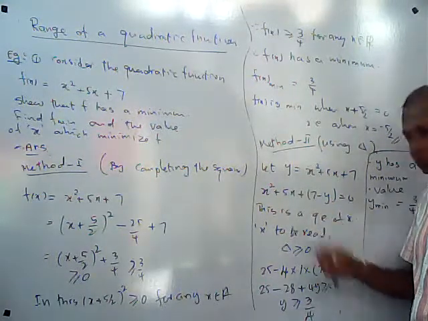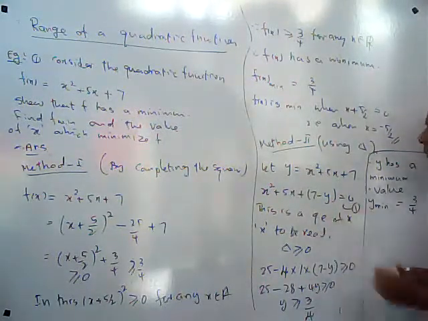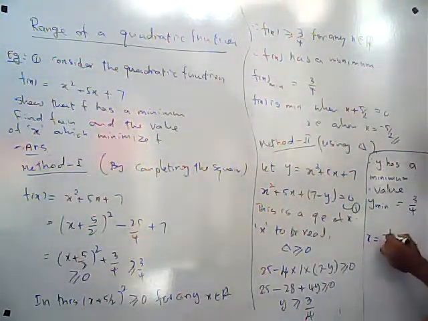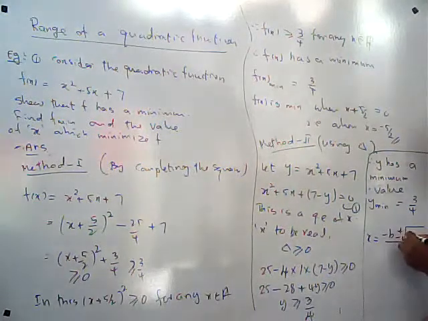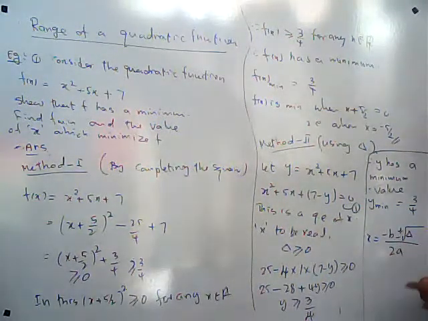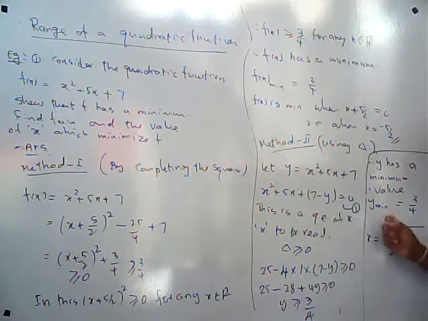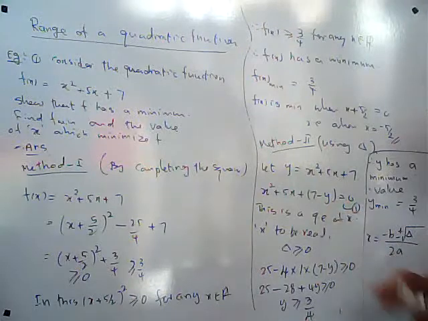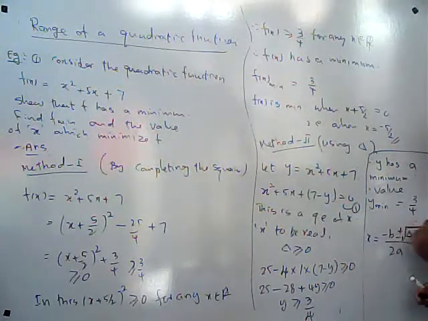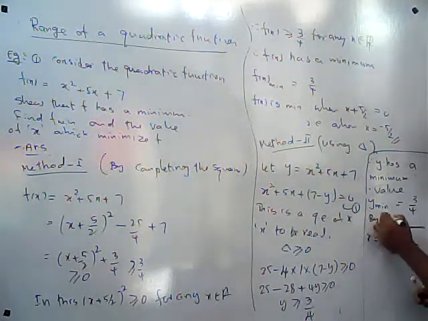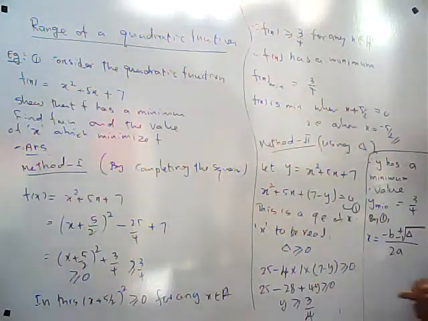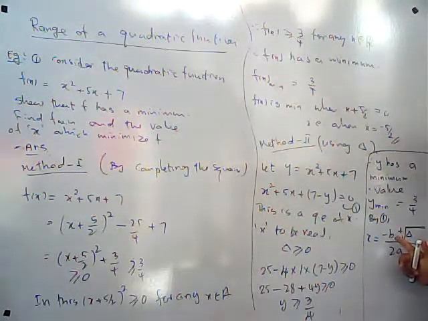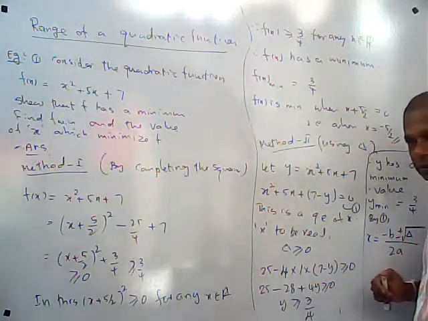Agree? So you substitute, then to solve the equation, suppose we use minus b plus or minus root of delta divided by 2a. Right? If you substitute this y value here in this equation, see what happens to delta.